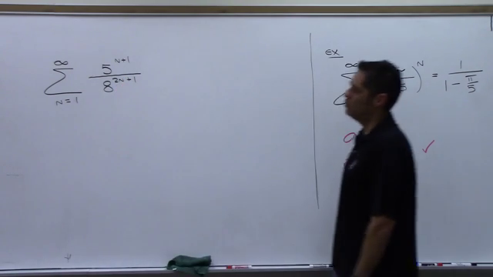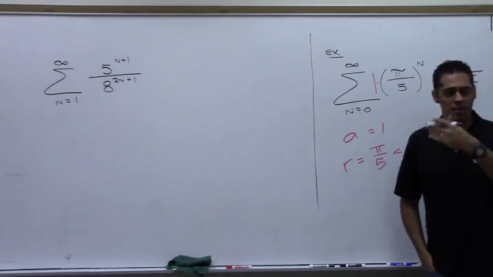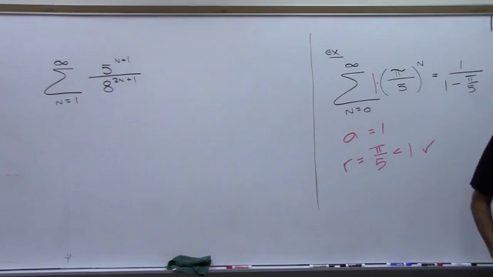Ooh. So you should be thinking geometric right now because you've got sum, infinity, all that junk. You've got exponents that have n in the exponent. Are you going to want n minus ones or n's up there? N minus ones.